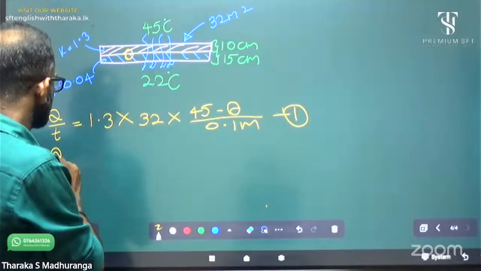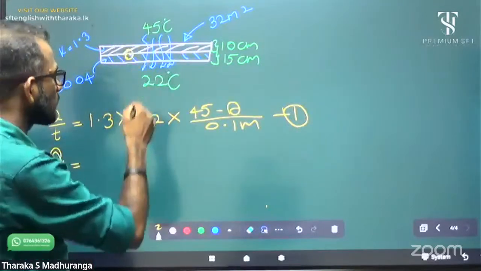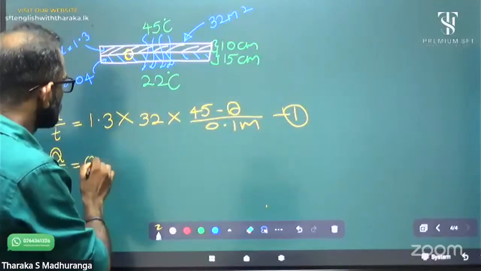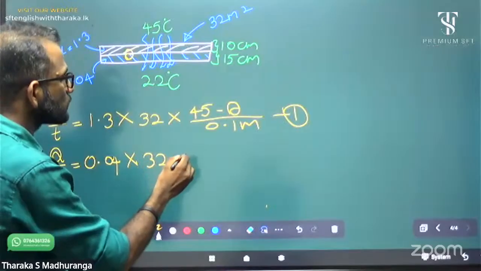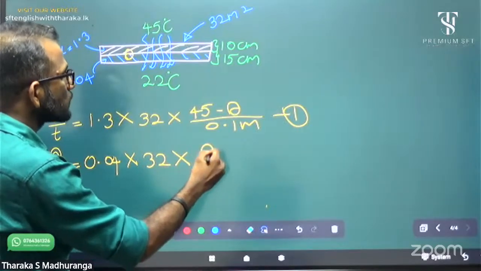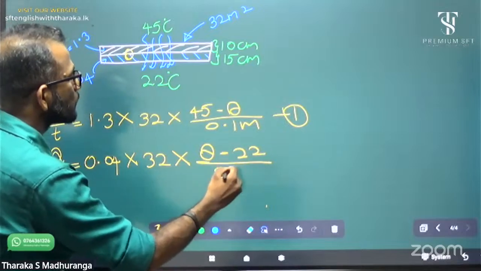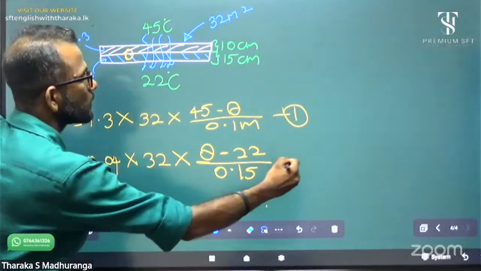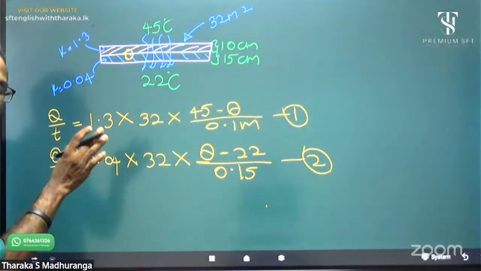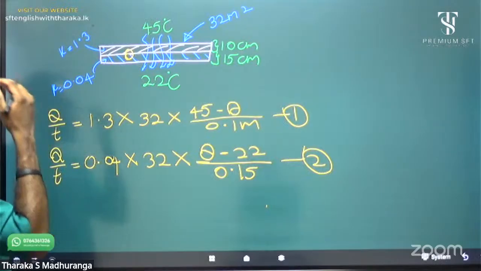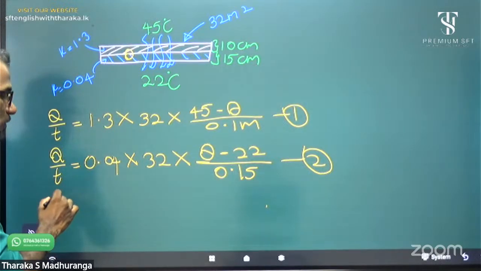Now get another equation. Q over t equals, now substitute for the fiberglass layer: 0.04 into 32, same cross section, into the temperature difference theta minus 22, divided by 0.15 because 15 centimeter. This is my second equation. If it is a steady condition, both rates of heat transfer are the same.